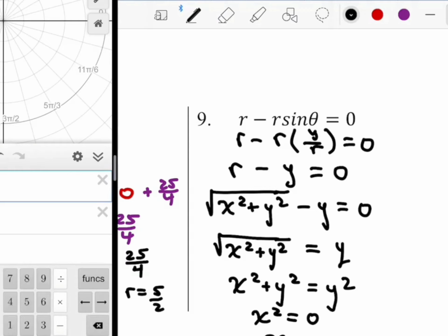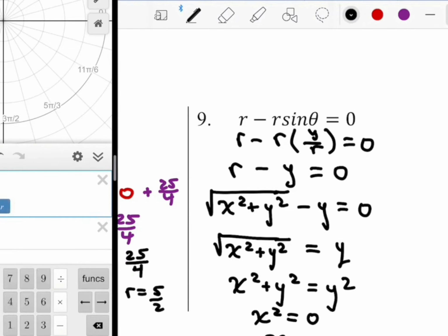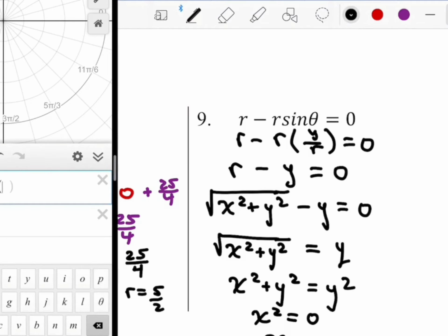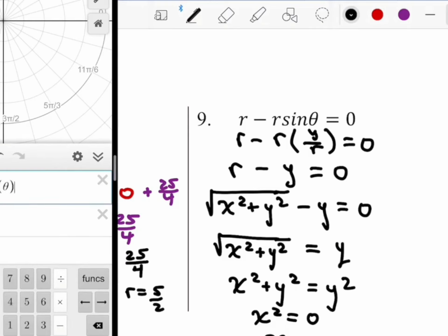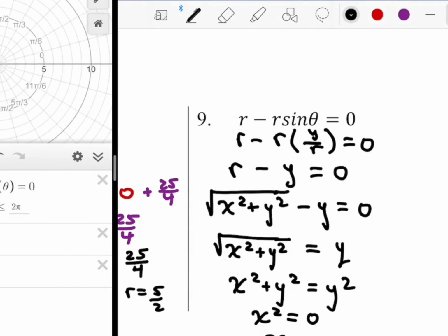All right, so let's take a look and see if that actually ends up being the case. So r minus r sine of theta equals 0, and again, 0 to 2 pi.